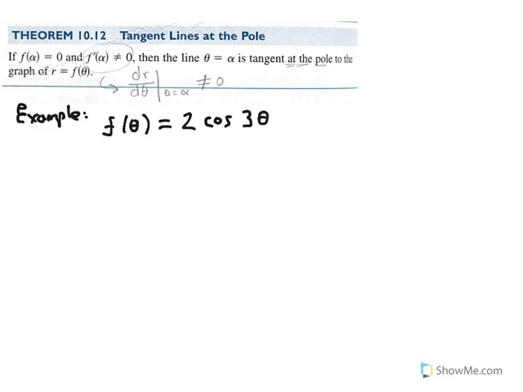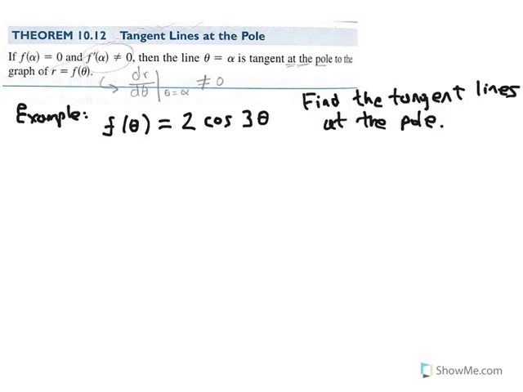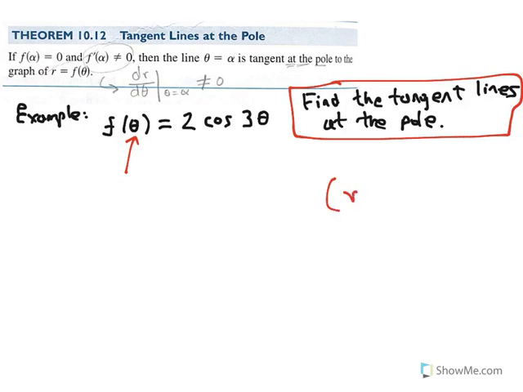So suppose we have this example, and the instructions are as follows. Find the tangent lines at the pole. So the first thing that we have to do is find the values of theta that would give us points at the pole. And remember, when does that happen? That happens when r is equal to 0.